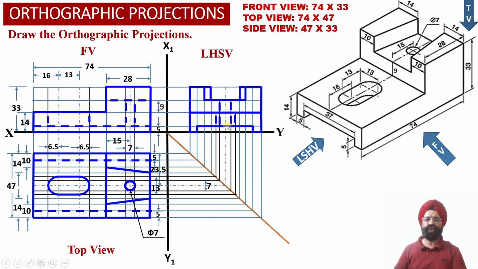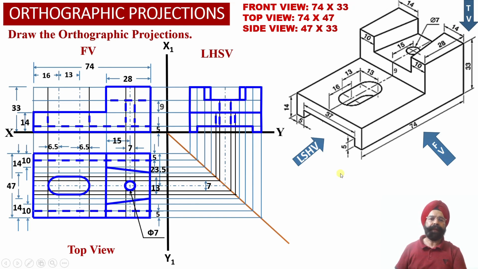So this way, this is also apparent shape projection corresponding to the circular slot. So since it is a hidden hole over here, not visible to the observer from the left hand side view orientation, it will be appearing as a dotted line projection over here.